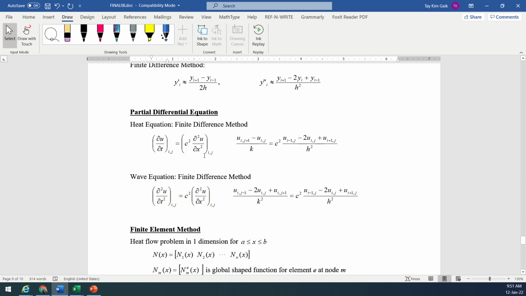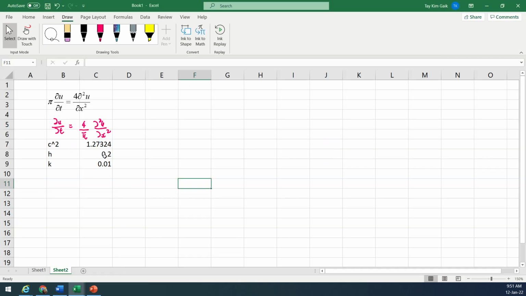Del 2u del x2 uses 3-point central, differentiating with respect to x. That's why j is constant, because at the point (xi, tj) you have the left point u(i-1,j), center minus 2u(i,j), right u(i+1,j). It will give you this, so you can put it here.